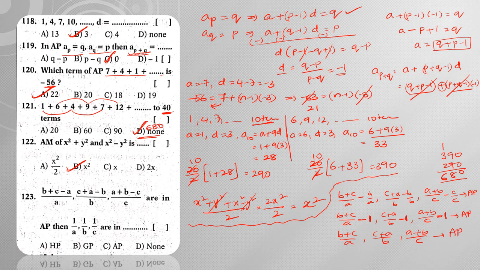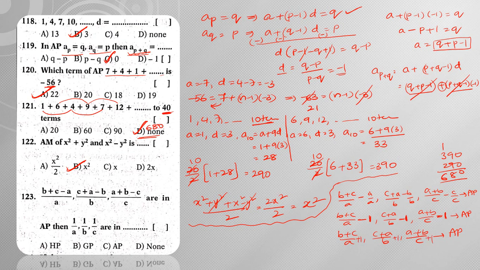And after that, again I can add 1 to this, or in the beginning itself I can directly add 2 to the given terms. So this is one approach. And next, if I add 1 to all the terms, again they will be in AP. Add 1 to each and every term.